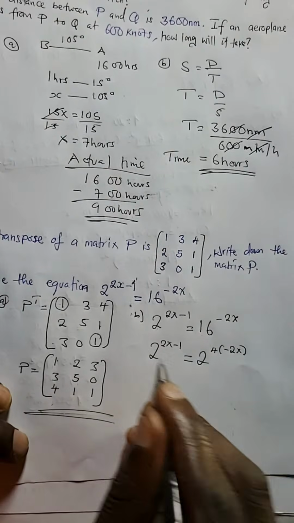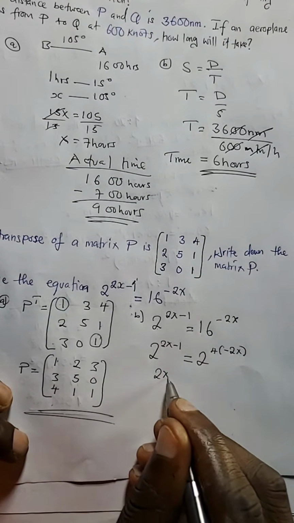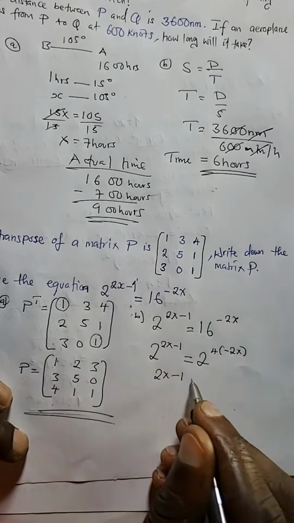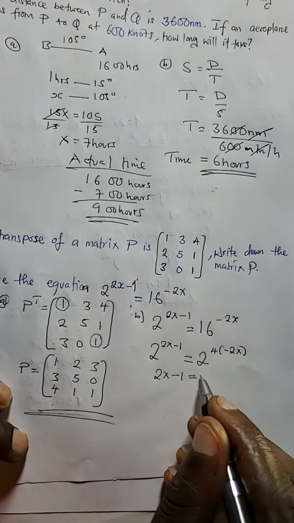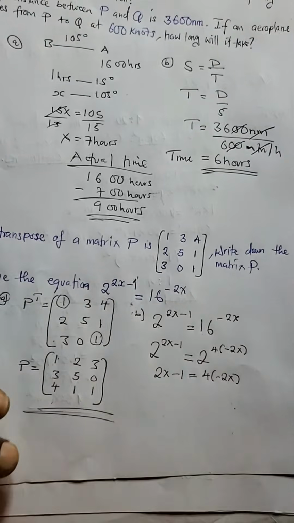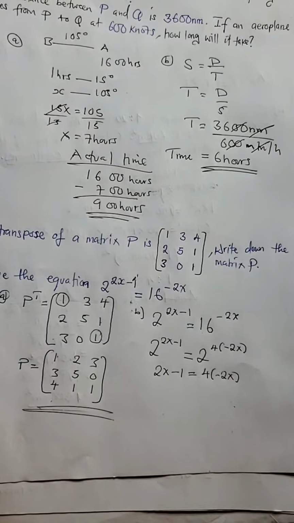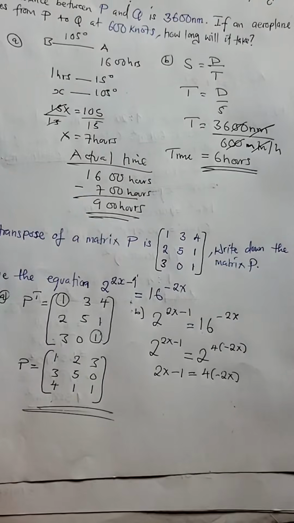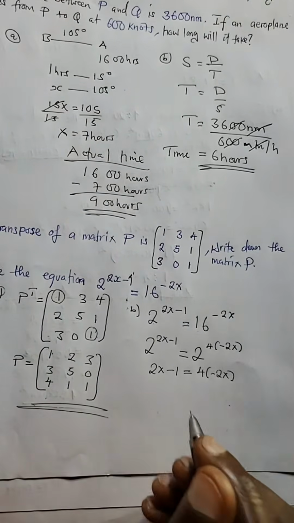So when you get the powers, you're going to have 2x minus 1, which is this power, is equals to this side, which is 4 multiplied by negative 2x. All right. Negative 2x, I hope it's visible. Sometimes network trips. Okay?